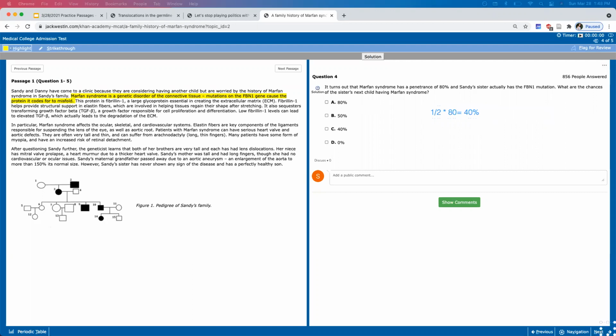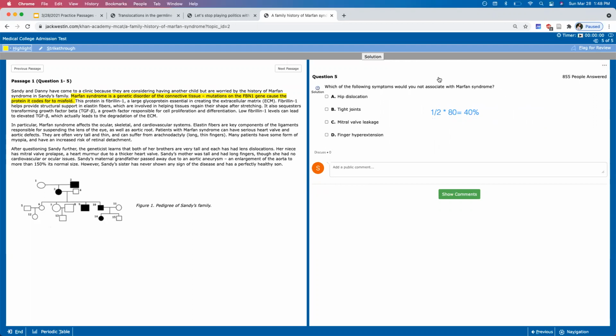Okay, last question. Which symptom would you not associate with this syndrome? It said this syndrome affects the ocular, skeletal, and cardiovascular systems.